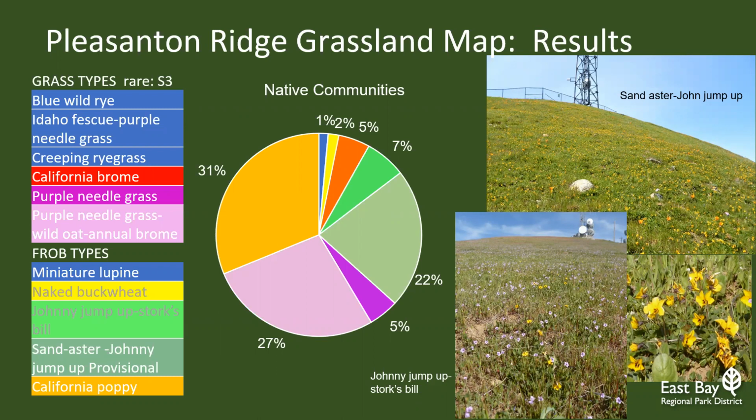In the upper photo, that's the sand aster Johnny Jump Up type, and there was a high diversity of native perennial wildflowers and native perennial grasses in that community. The other type, shown in the lower photo, is the Johnny Jump Up Storksbill type, and that's a weedier version. Storksbill is a weedy species, and it had a lot of cover in these stands.